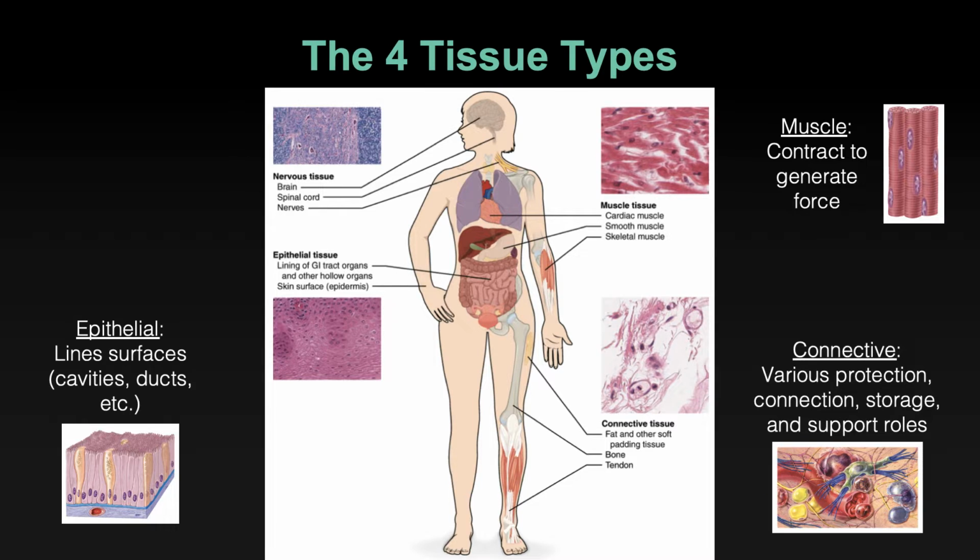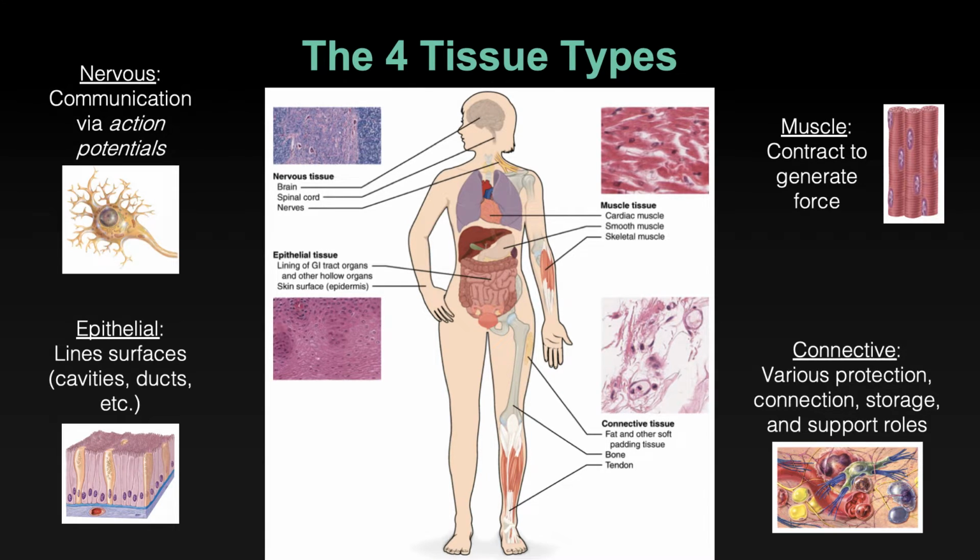It creates force. It shortens in length. And through that action, we are able to move around. I'm able to speak words to you, and you can hear them. That's largely due to the action of very small muscles in your ear. So muscle tissue has a very organized, striated look, which simply means stripy. We'll see why that is when we get to that section. It's excitable. It can generate force.